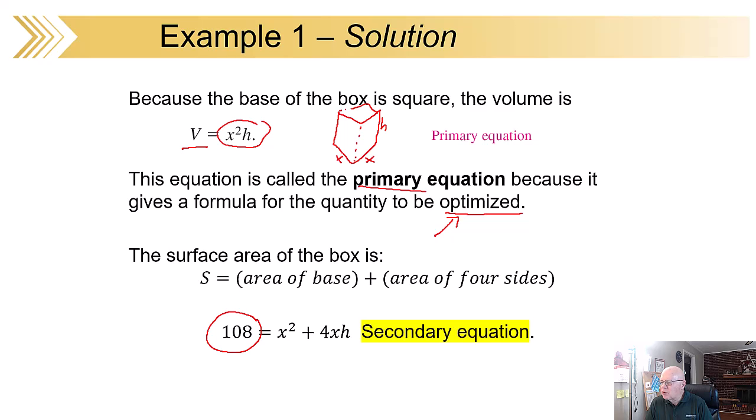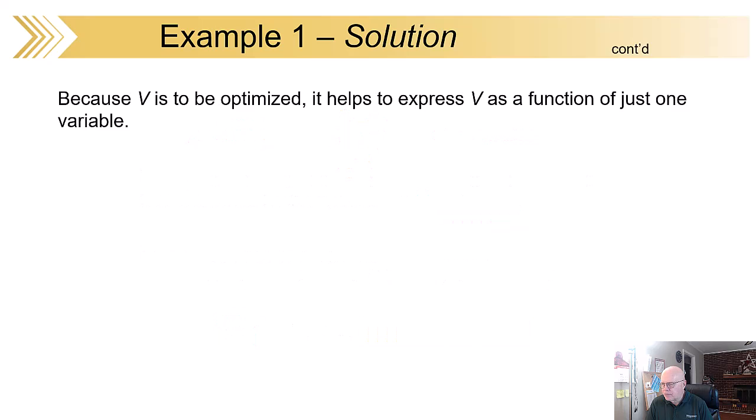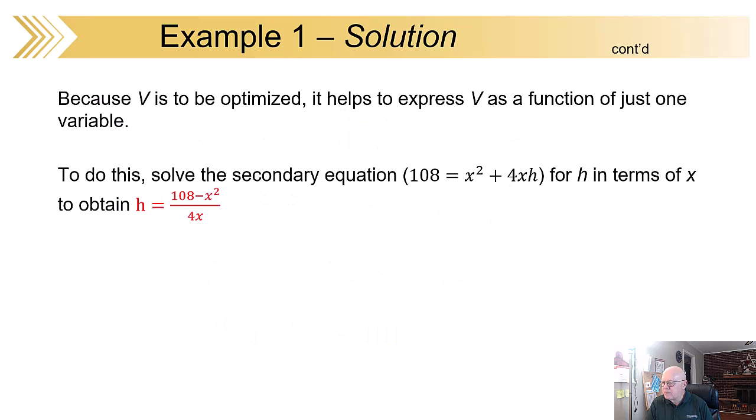We want to reduce this to only one variable, in particular x. So we're going to solve the secondary equation, because we're going to stick with the primary one. This is a version of that secondary equation. Here it is. I put it here for your convenience. Solve that for h, and there's your secondary equation with just a slightly different look.